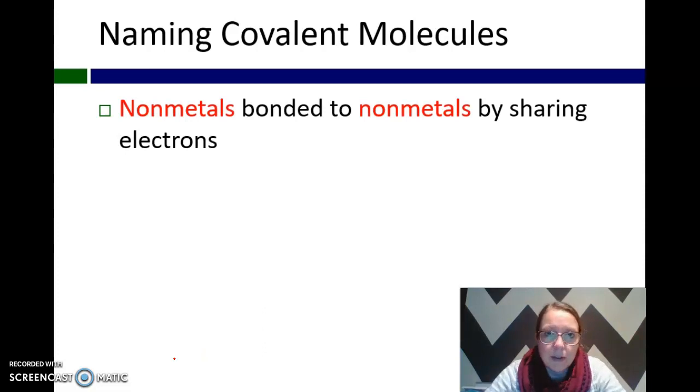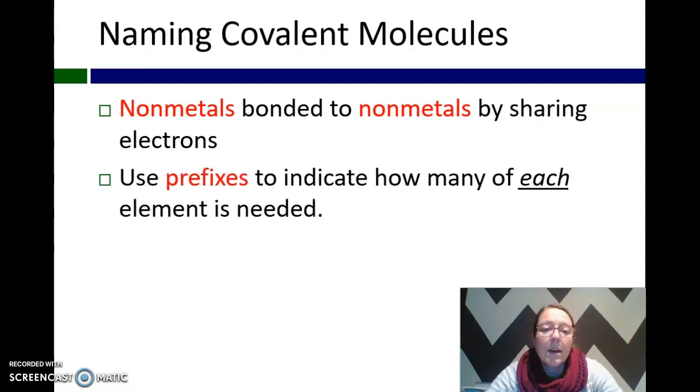Naming covalent molecules. First off the bat, you have to be dealing with two nonmetals bonded together. They do this by sharing electrons. When we name covalent molecules, we'll utilize prefixes to indicate quantities of each element. Prefixes are written at the beginning of the element name.